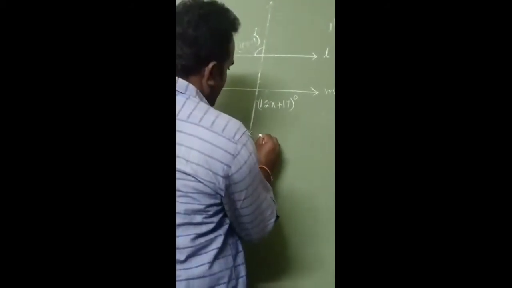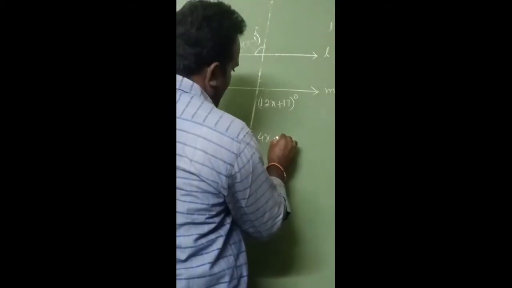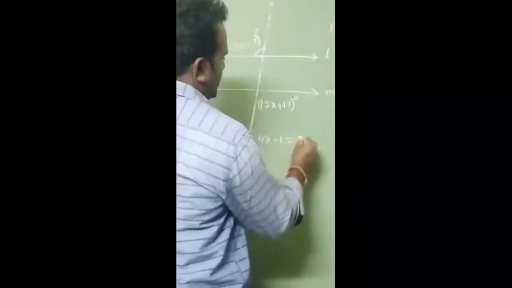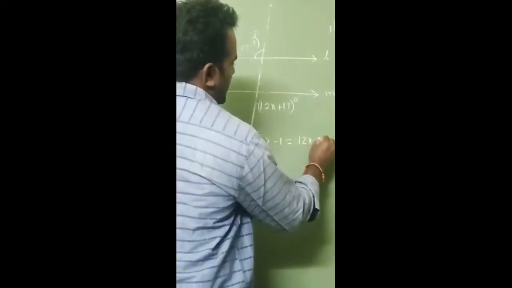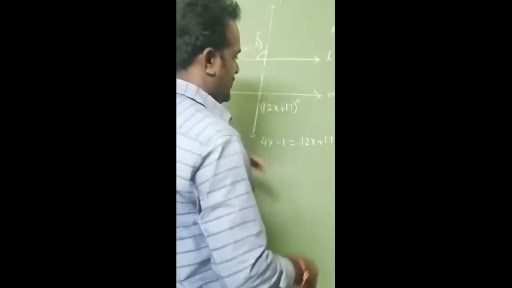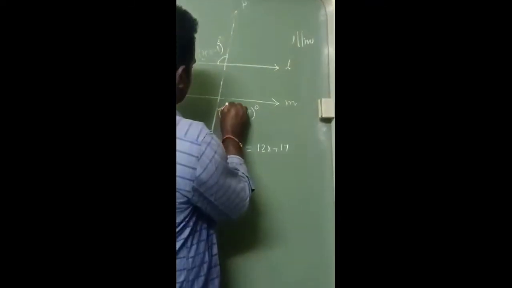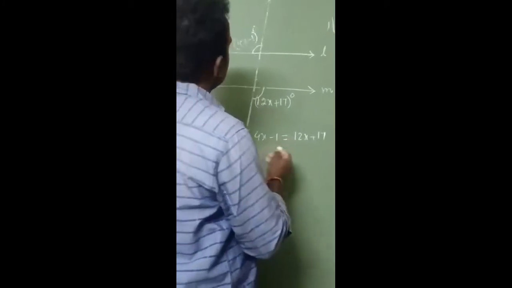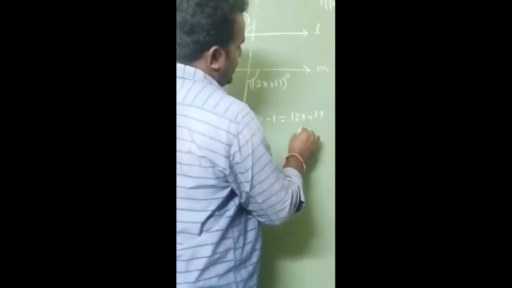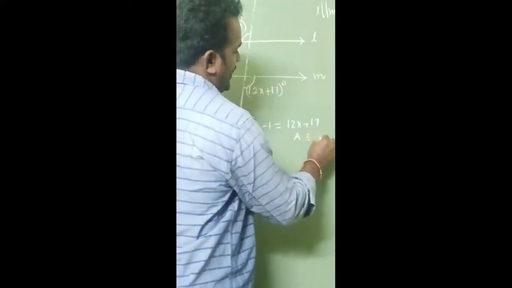So here 4x minus 1 is equal to 12x plus 70. This is alternate exterior angles.